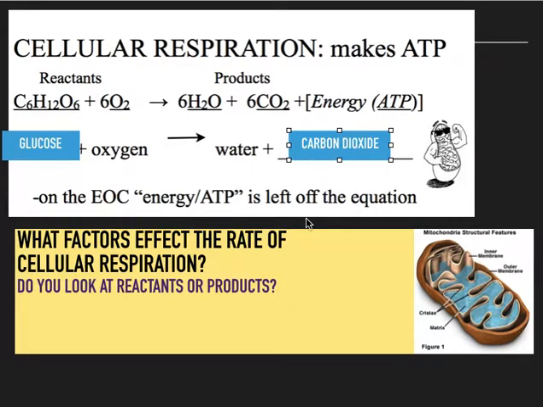Okay. Now, what factors affect the rate of cellular respiration? Well, if you want to slow down or speed up, which is what affect the rate means, are you going to look at the reactants or the products? What will slow cellular respiration down? Okay, it's not the presence of water, because water is a waste product. It's not the presence of carbon dioxide, because again, that's a waste product.